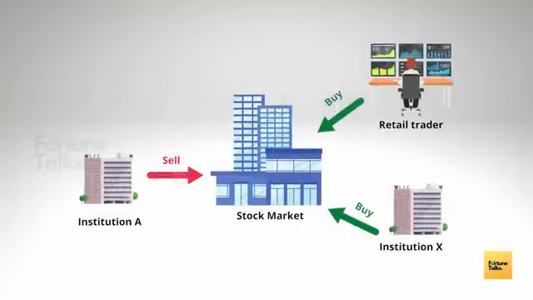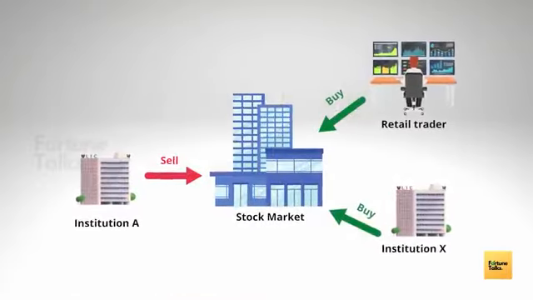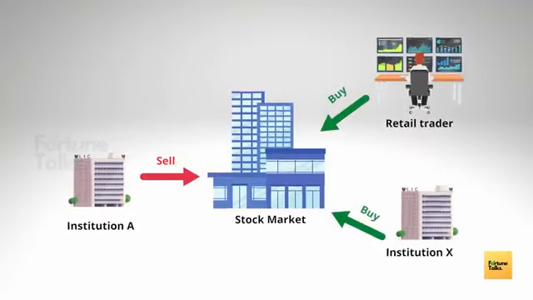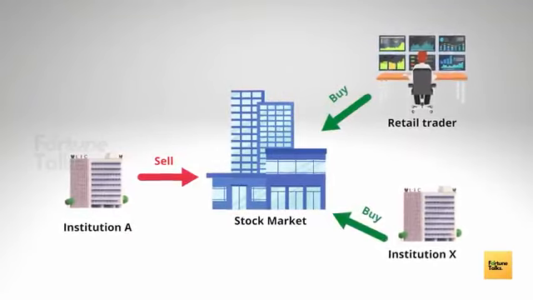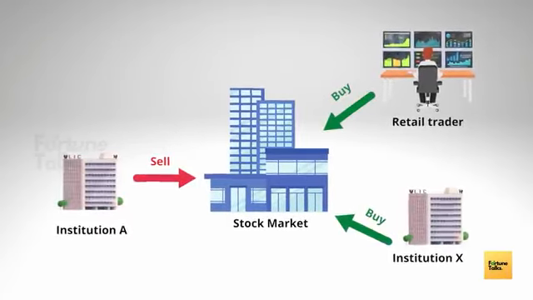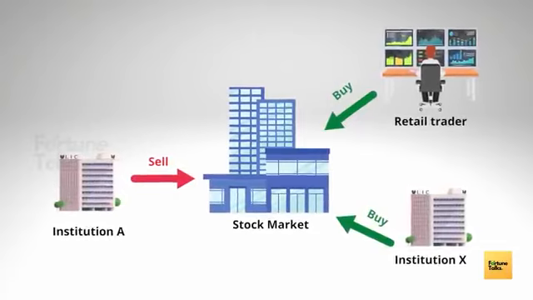No trade can take place without one institution willing to take one side of the trade and the other willing to take the other side. The small volume trades made by the retailers can only take place if an institution is willing to take the same trade. Let me explain this.